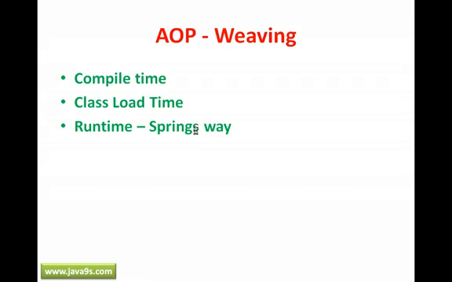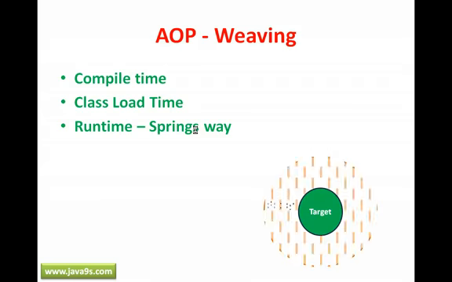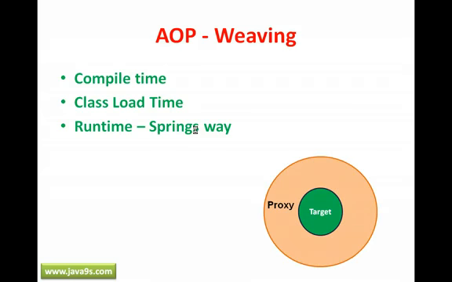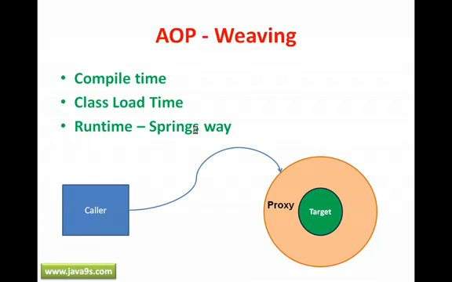And the third way is the runtime. With this, the target object will be shielded with a proxy bean created by the Spring framework, and whenever the caller calls the method on the target bean, the Spring framework invokes the proxy and understands what advices need to be applied for this target method, and all those advices will be applied and the real method will be executed on the target.